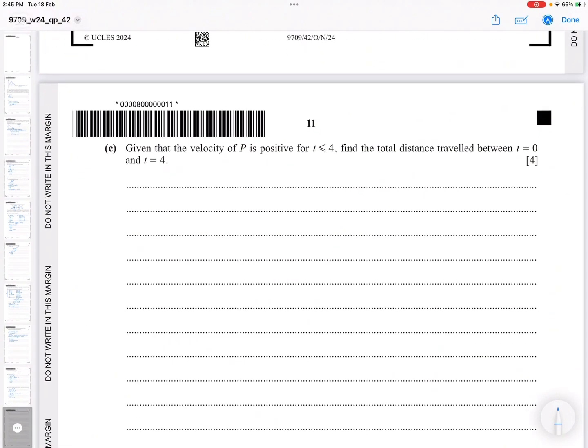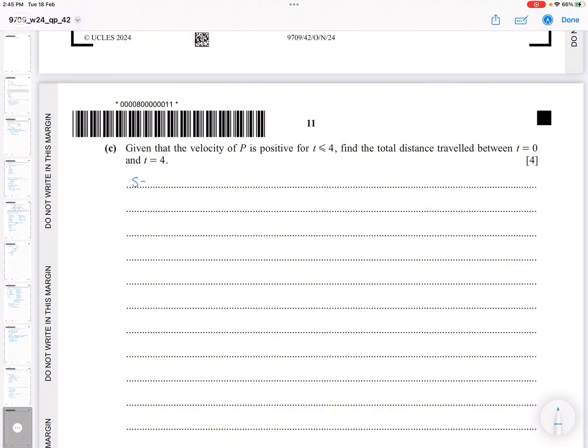In C part, given that the velocity of p is positive for t is less than or equal to 4, find the total distance traveled between t0 and t4. So area under the graph equals total distance traveled. So to get the distance, we have to integrate velocity. We are moving backwards.